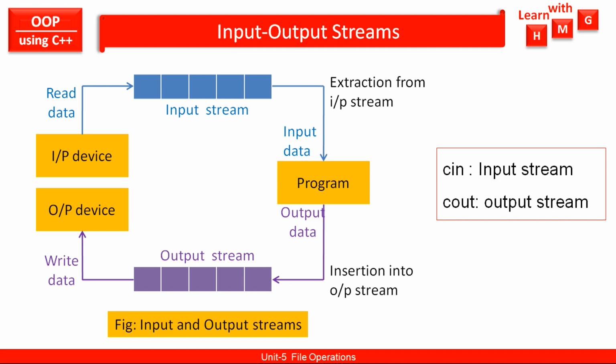That's why we are using cin and cout to perform input output operations in our C++ program. cin object plus extraction operator to perform input operation, and cout object plus insertion operator to perform output operation.